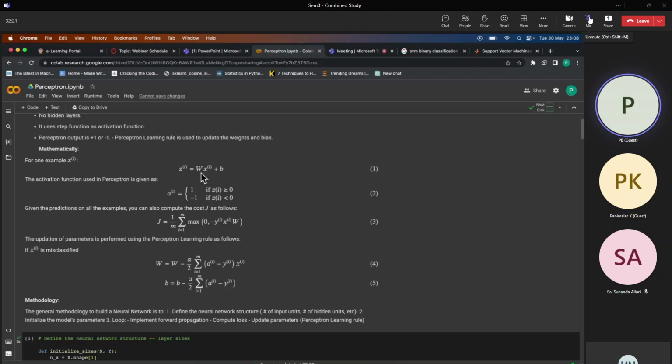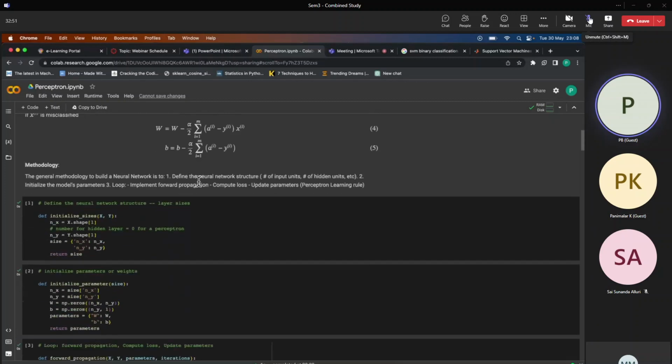Why do we want to add a w naught? It's because of bias. Like the child experiment I told you: when a child is given a bowl of sweets, its initial habit, or initial response, would be to eat it. That is a bias. If he doesn't eat it, then it's a good bias and it will be 0. But if he eats it, the w naught will be 1. So that is how the thing is.